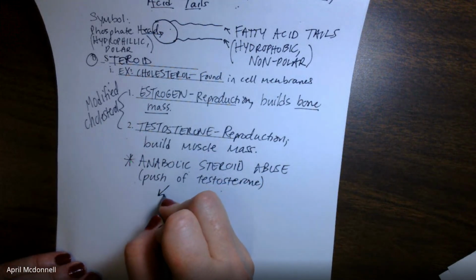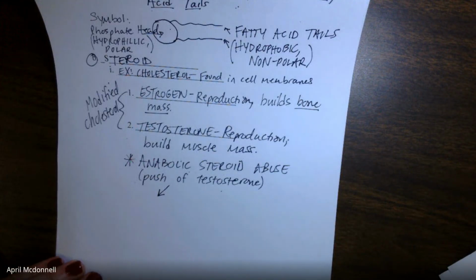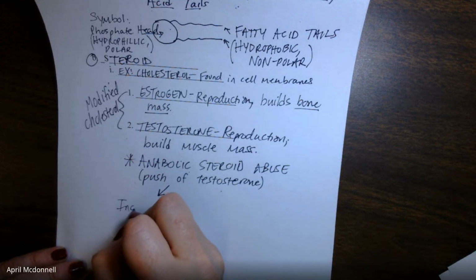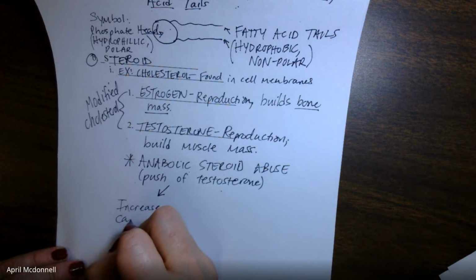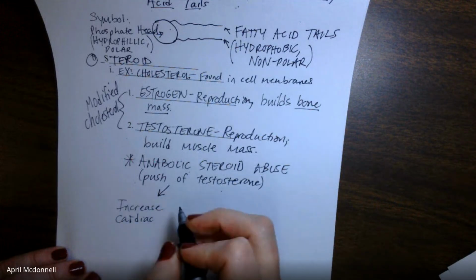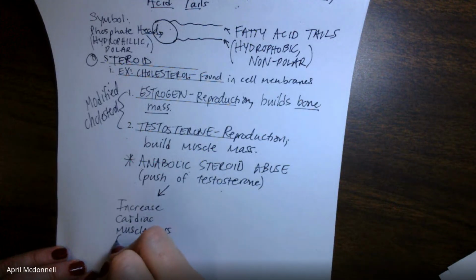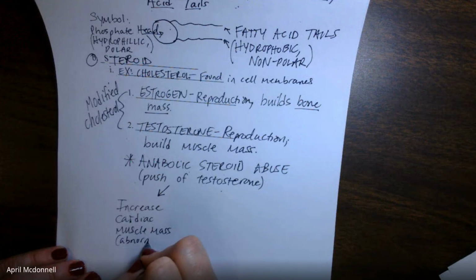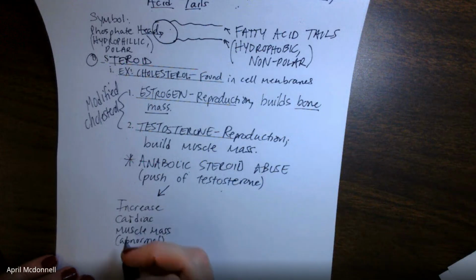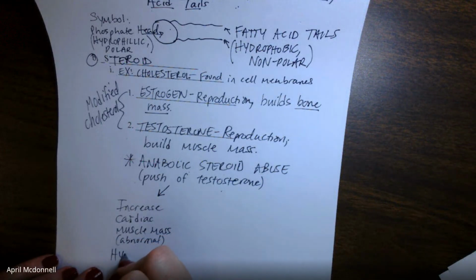First of all, anabolic steroids do increase or build muscle mass. Unfortunately, it may increase cardiac muscle mass, which is in your heart, and that is abnormal. An increase in muscle mass is called hypertrophy.